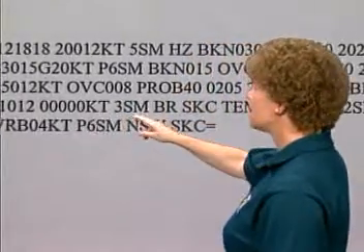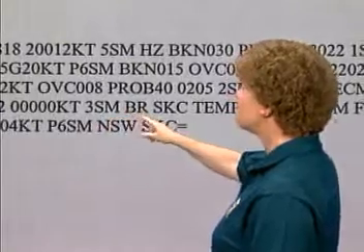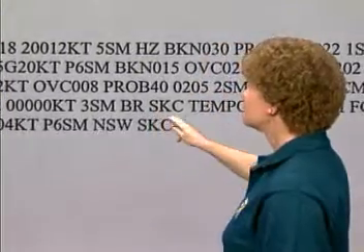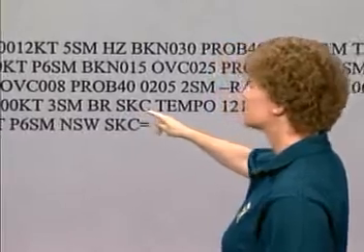The visibility will be changing to 3 statute miles, and you'll have BR or mist. Again, think of it as baby rain, which is significant weather because it's an obstruction to visibility. SKC stands for sky clear, so there won't be any clouds out there.